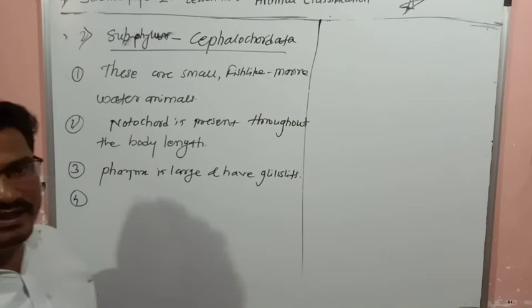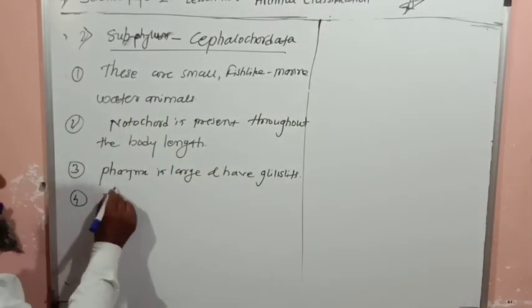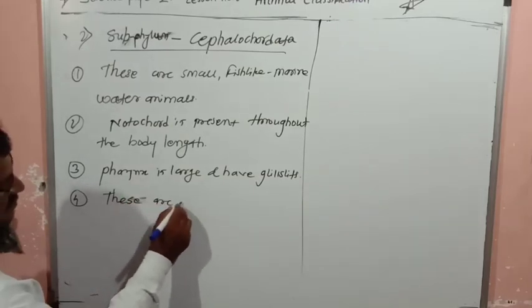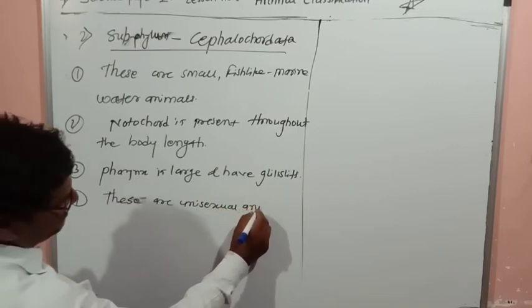Fourth characteristic is that these are unisexual animals.